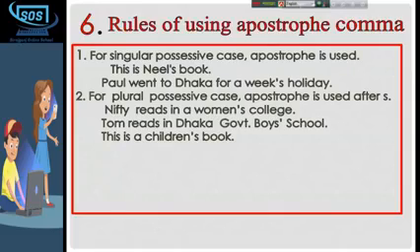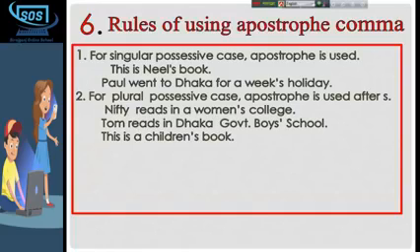Women's college, girls' school, boys' school. In this case, we will put an apostrophe after the plural form of a common noun. Woman, this is a common noun. This is a plural form.